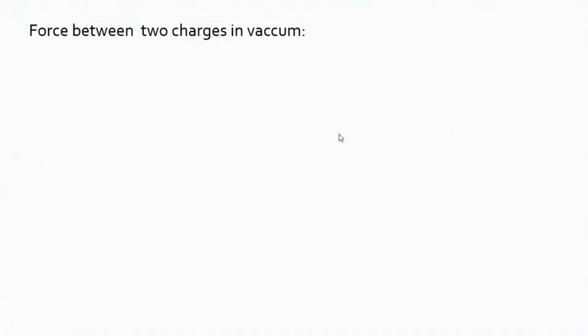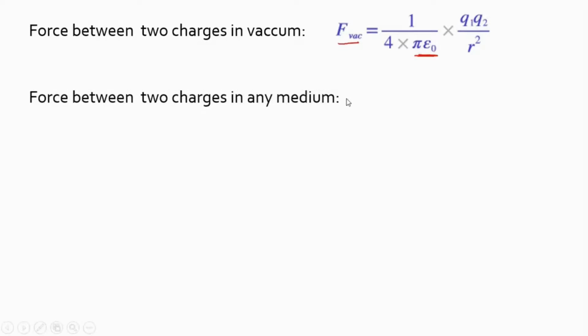Now let us find one formula related to this. Whenever the force is present between two charges in vacuum, we have the formula F vacuum equals 1 upon 4 pi epsilon naught, Q1 Q2 by R square. But when the same charges are present in any medium, what will the formula be? F medium becomes 1 upon 4 pi epsilon, Q1 Q2 by R square.